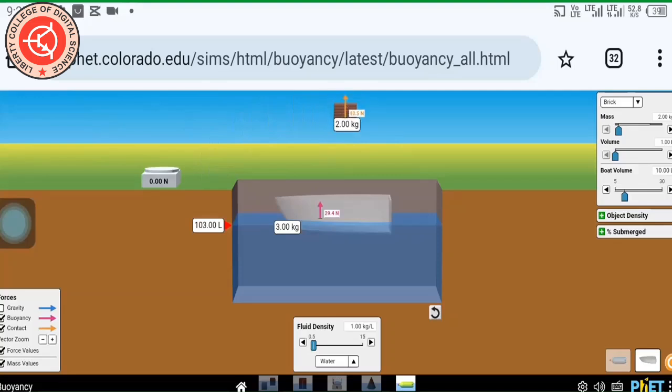By the time you place this one inside it, let's take a look at what will happen to the fluid. Can you see the increase in the buoyant force? Can we see the increase in the buoyant force?